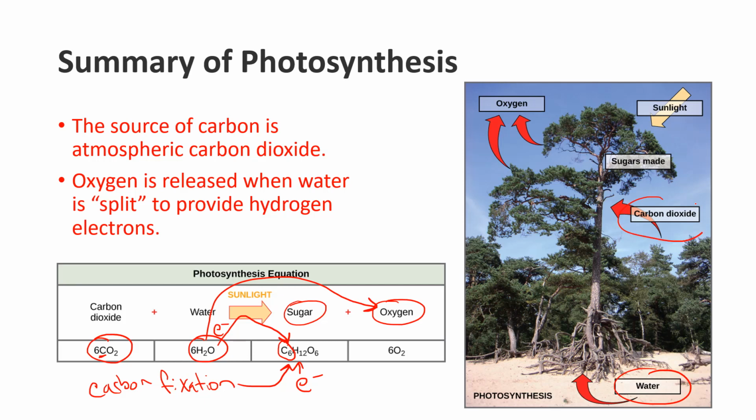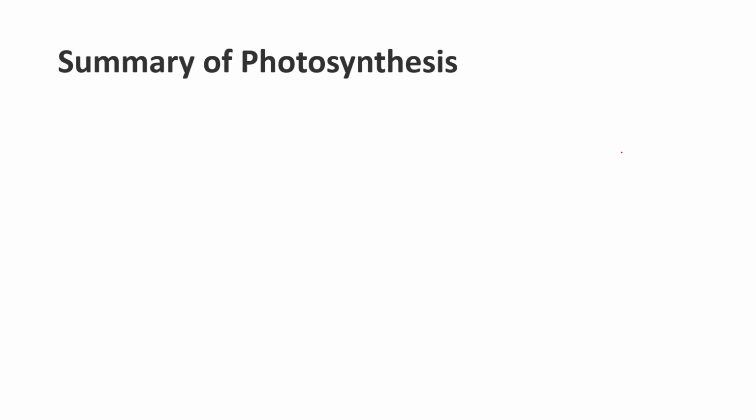The CO2 is going to come from the air, the atmosphere. Oxygen is going to be released back into the atmosphere as a result of photosynthesis. The energy for all of this is coming from the sun, and then ultimately sugars like glucose and other organic molecules are going to be produced as a result.